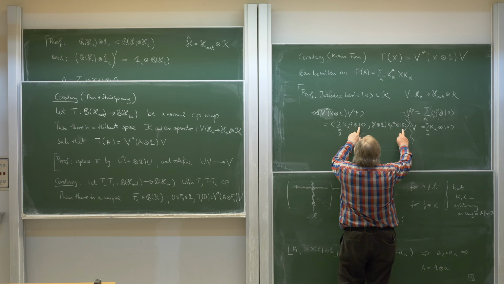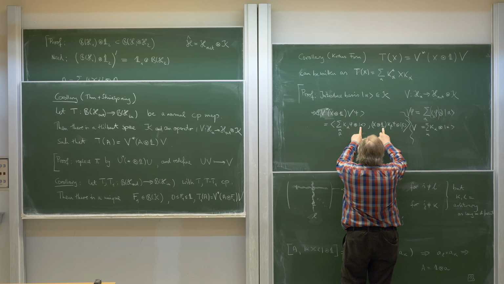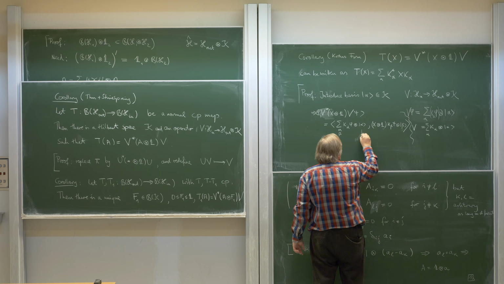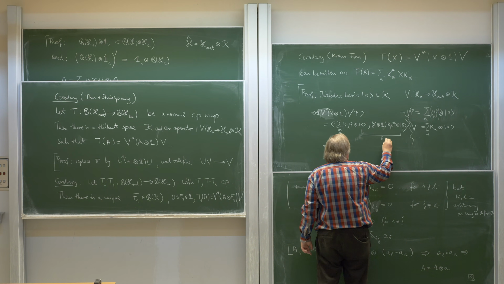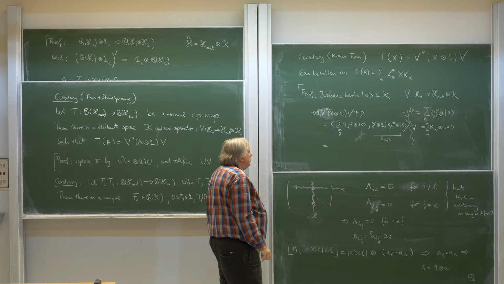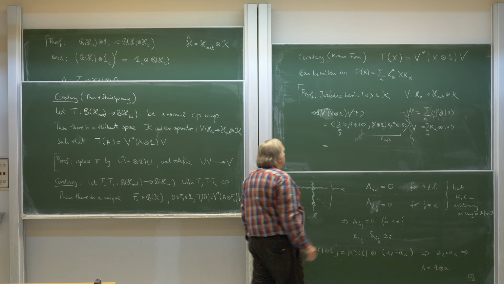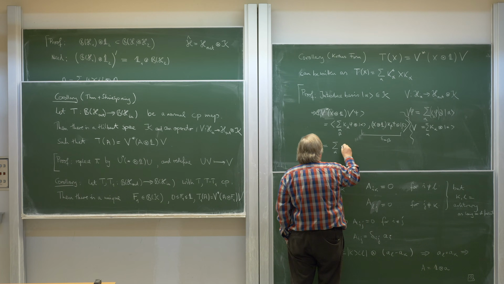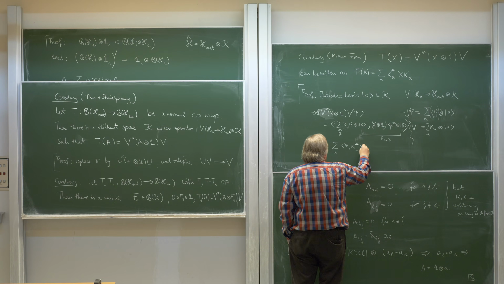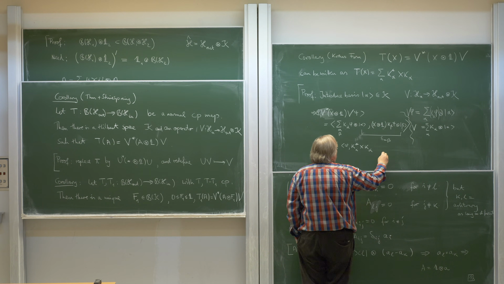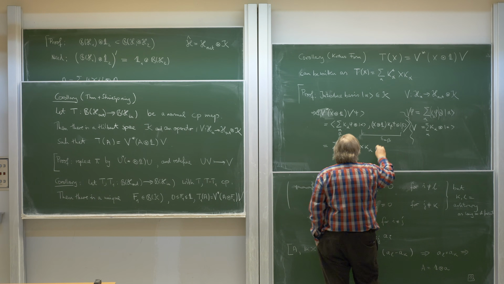The outer tensor scalar product here gives us a delta alpha beta. So we get just one sum over alpha. I can move the star to the inside, so I get phi k alpha star x k alpha, and the psi is there.